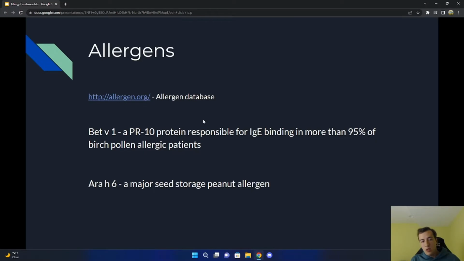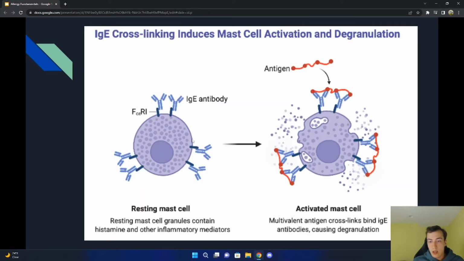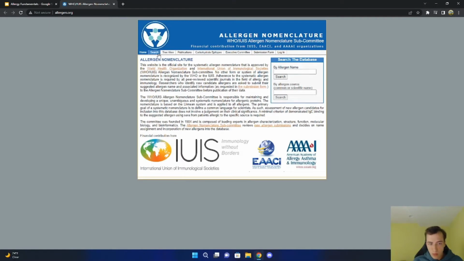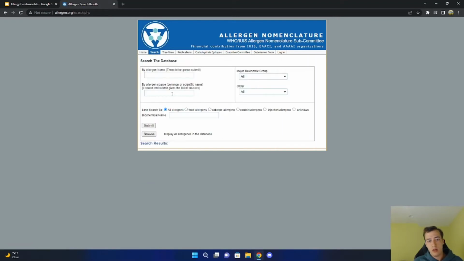Now, let's look into exactly what are these allergens in the foods that you eat. What is being bound to? So let's take a look. So here's an allergen database, and this is your best resource to look at all of the allergens, all the things that you can be allergic to, especially food and pollen related.